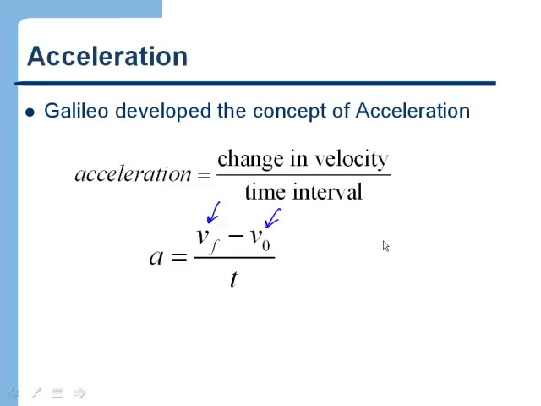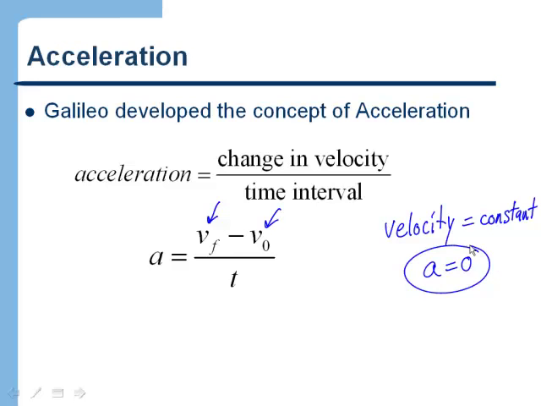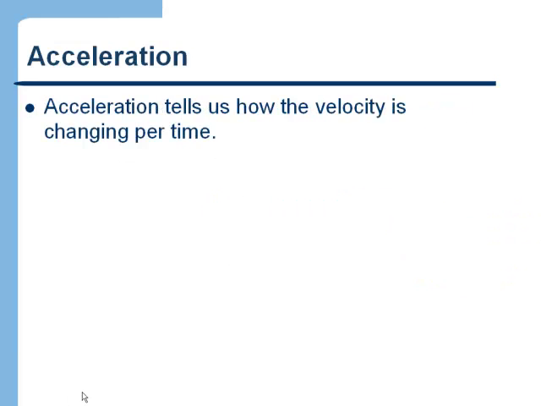Notice also that if the velocity is constant, then the acceleration is 0, because if Vf and V naught are the same, you get 0 in the numerator. So acceleration tells us how the velocity is changing per time.